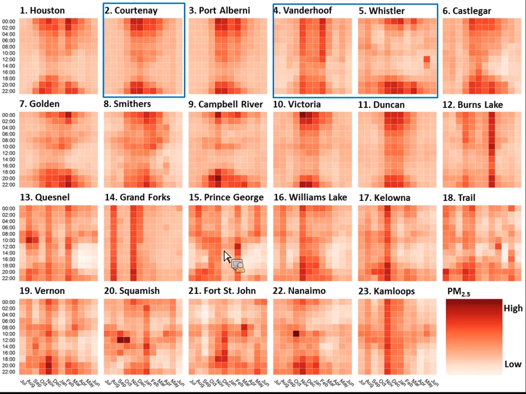But I think one of the concerns is that they vary so spatially that a centralized monitor like the one on the roof of a station in Courtenay really isn't going to provide very valuable information about what the actual exposure of that population is to those particles. Whereas for PM 2.5 or PM 10, those background measurements are more useful.